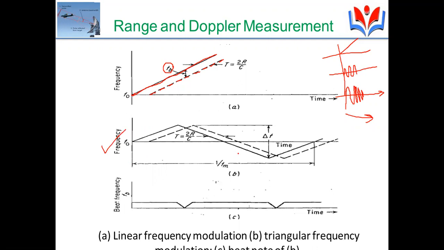Let us consider the second example here. On the x-axis we have time, on the y-axis we have frequency, and it is triangular wave modulated. The solid line is whatever we have transmitted. If you consider a triangular modulated frequency modulated signal, at the starting point it will have low frequencies.